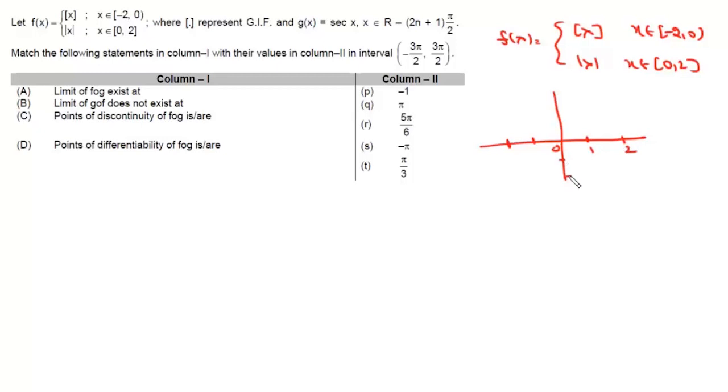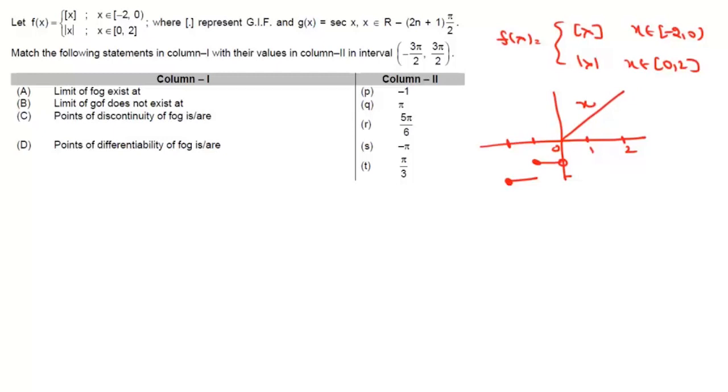Between minus 2 and minus 1, it will be minus 2. And between minus 1 and 0, it will be this minus 1. And when x is greater than 0, mod x is simply x. So it will be this x. So that is the graph of f(x).